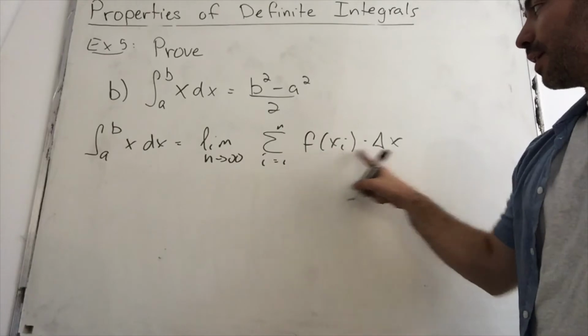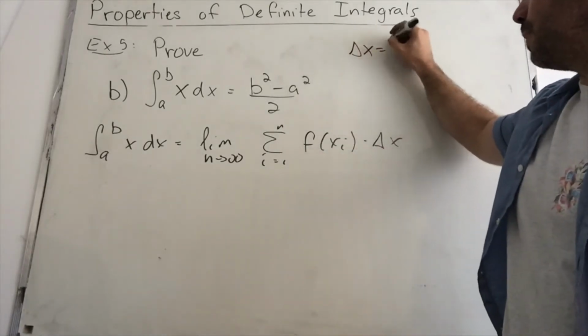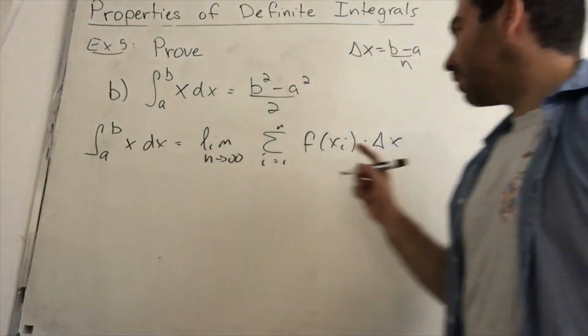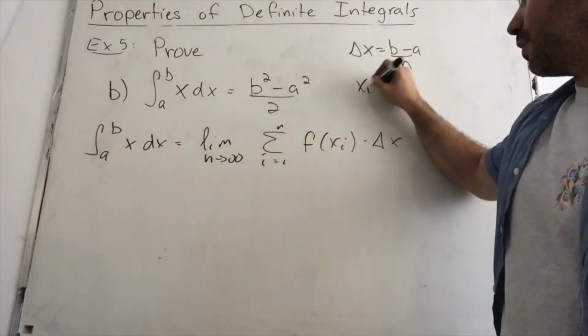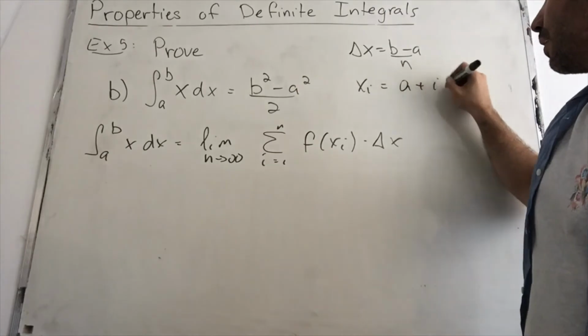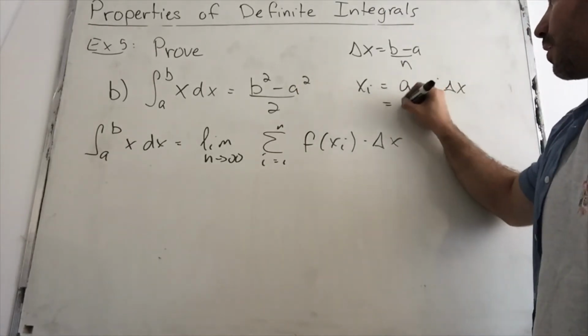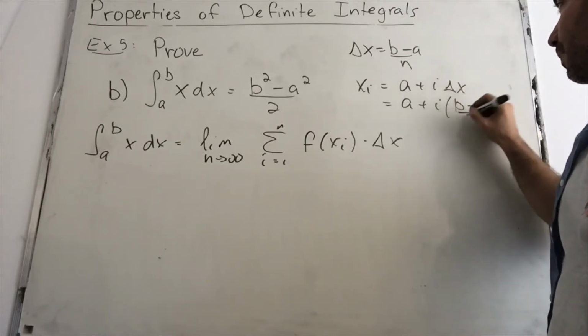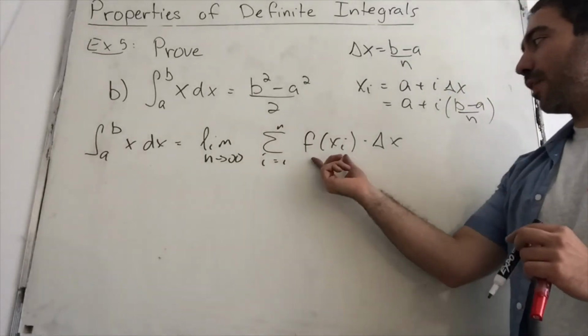Let's go find our xi and our delta x. Delta x we know is b minus a over n, so that's what we have, b minus a over n, and xi we know is a plus i delta x. And in this case, our delta x is b minus a over n. Okay. So we have our xi, we have our delta x.